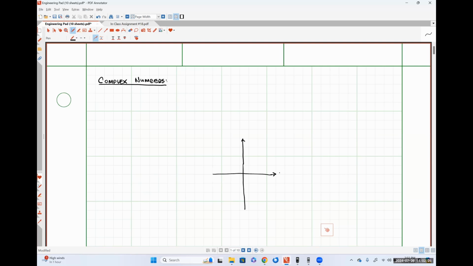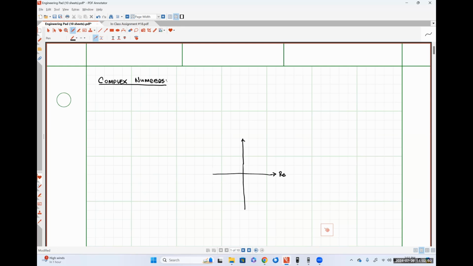The real part is where we put things on the horizontal axis. Think about this as just a number line going from negative infinity, all the way to the left, out to positive infinity, all the way out to the right. Just a number line like you dealt with in elementary school.